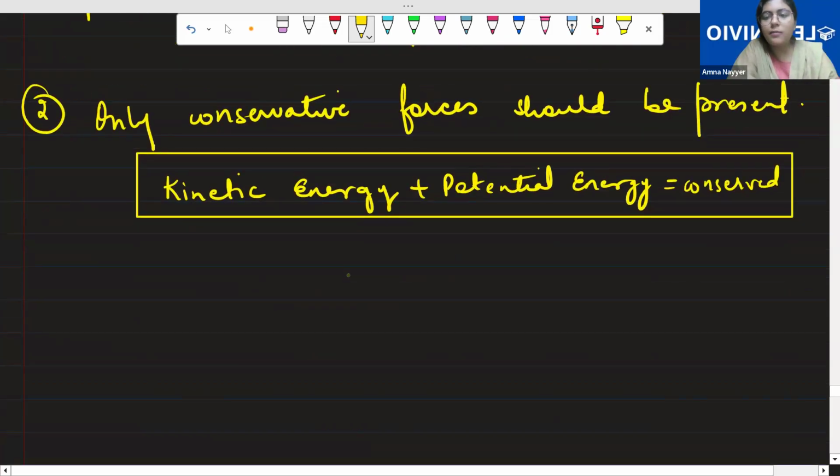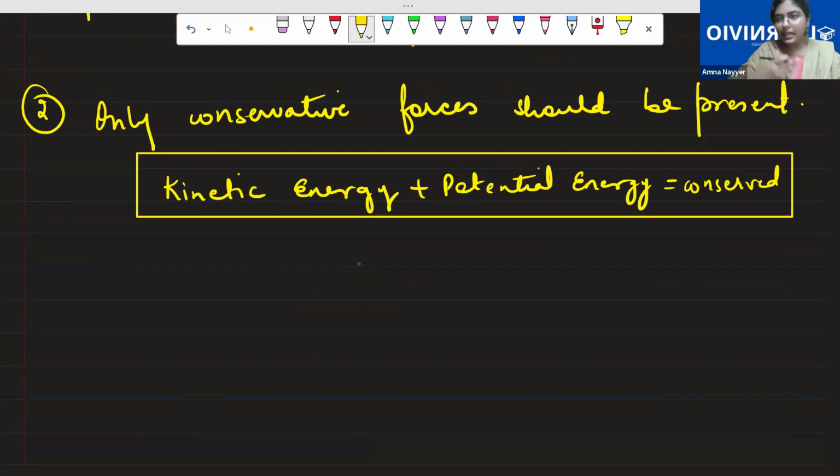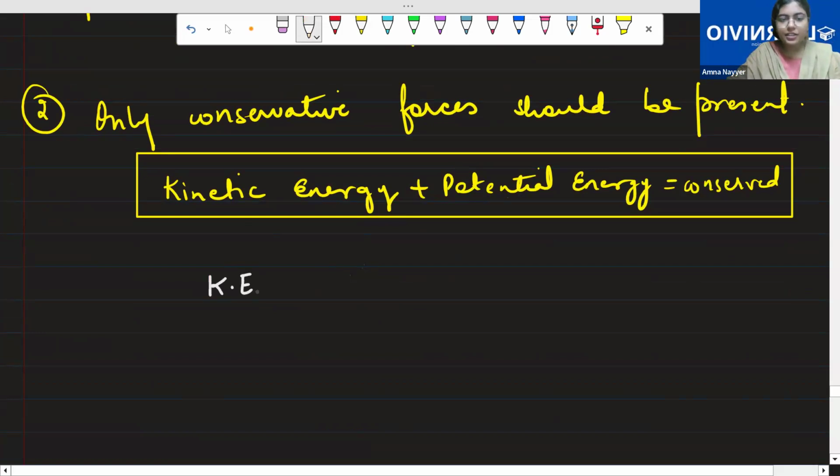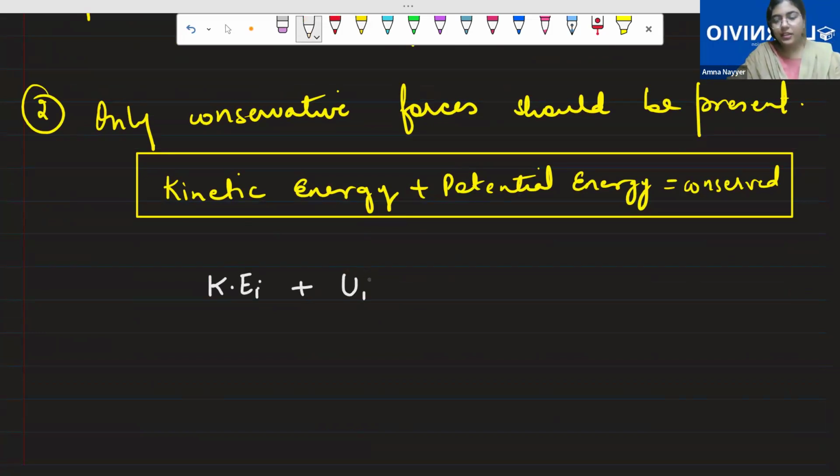Now, when we talk about the total mechanical energy, as I told you, that is the sum of kinetic energy plus potential energy. So this means that whatever is the initial kinetic energy plus the initial potential energy is equal to the final kinetic energy plus the final potential energy.